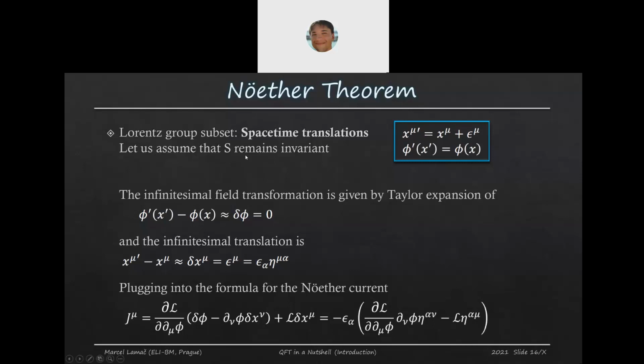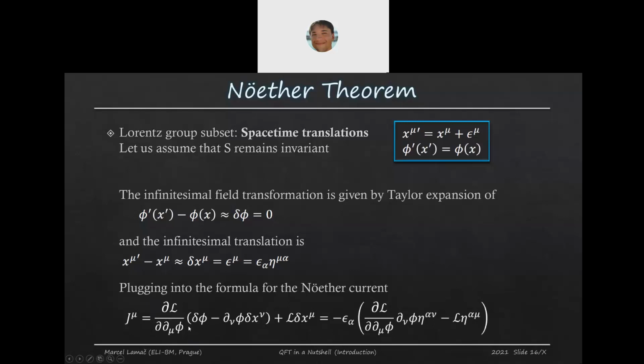And now we can calculate the infinitesimal field transformation that is talked about in the Noether theorem. This is the formula for the Noether theorem, down over here, and it shows us that we have to calculate the derivative of the Lagrangian with respect to the four-gradient of the field. We don't know the form of the Lagrangian, we didn't specify it, so we won't calculate that. But we also have to calculate the infinitesimal transformation of the field.